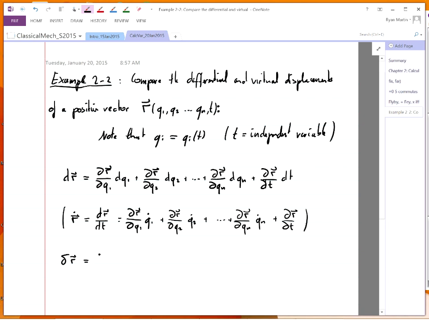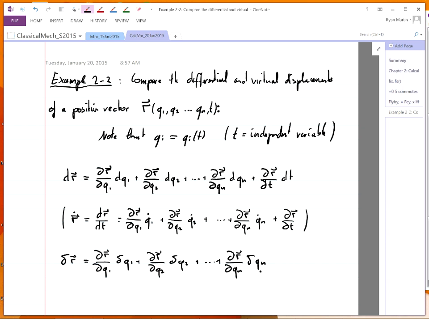So now the virtual displacement, delta r, applying our chain rule, is going to be ∂r vector by ∂q1 delta q1 plus ∂r vector by ∂q2 delta q2 plus all the way to ∂r vector by ∂qn delta qn, but there is no ∂r by ∂t term.